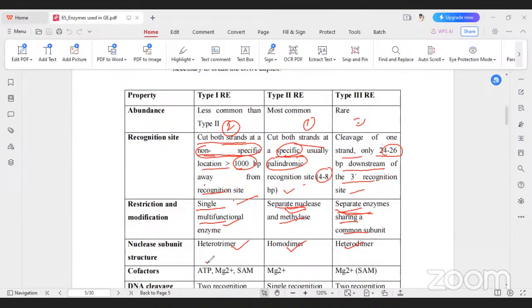Cofactor: here ATP as cofactor, magnesium and SAM. Here only magnesium, and here magnesium plus SAM. These are cofactors.